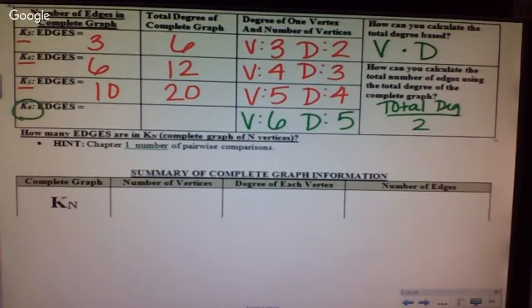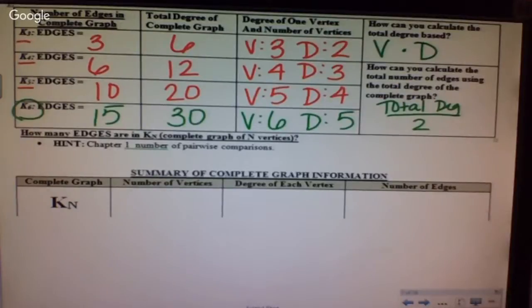We would take 6 times 5. If I have 30 total degrees, how many edges do I have then? 15.